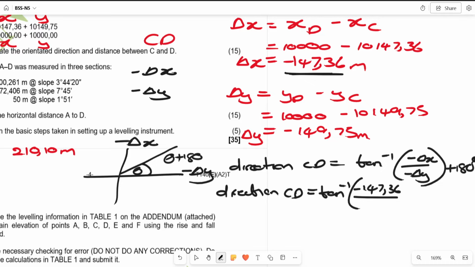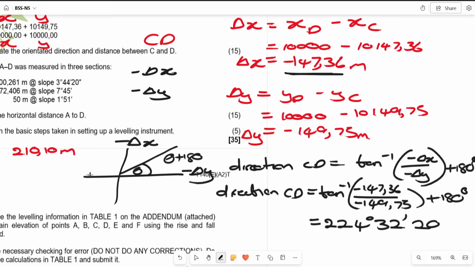This is going to be minus 149.75 plus 180 degrees. And simply by substituting that in the calculator, your answer is going to be 224 degrees and 32 minutes, and then we have 20.81 seconds. This will be the direction.